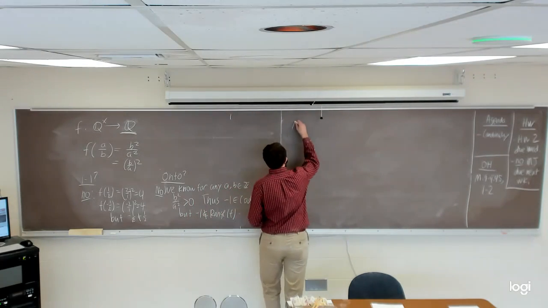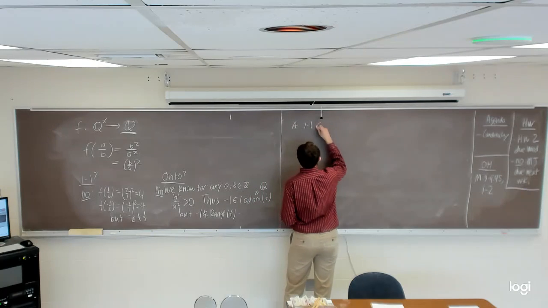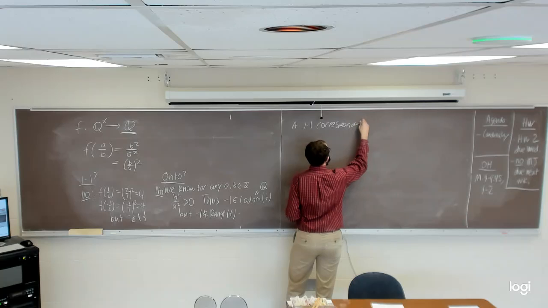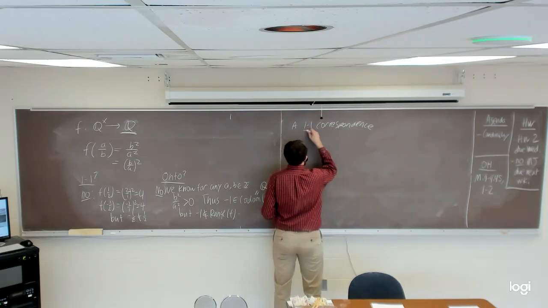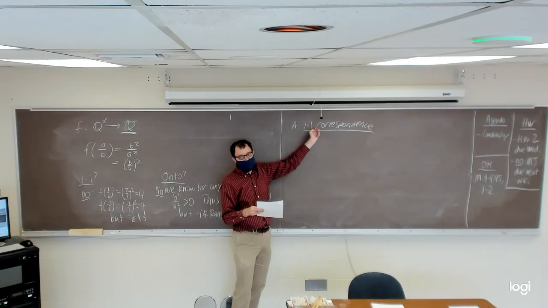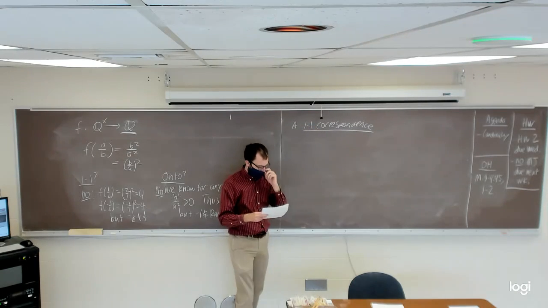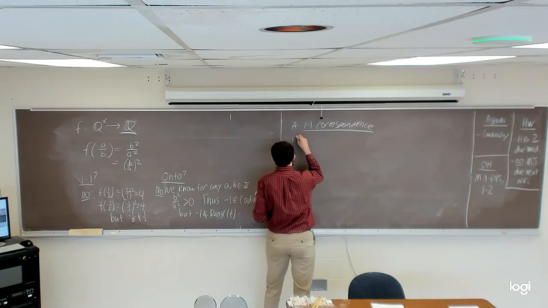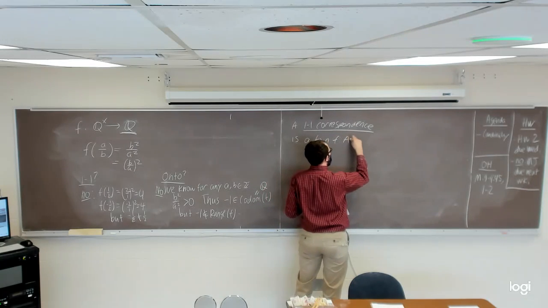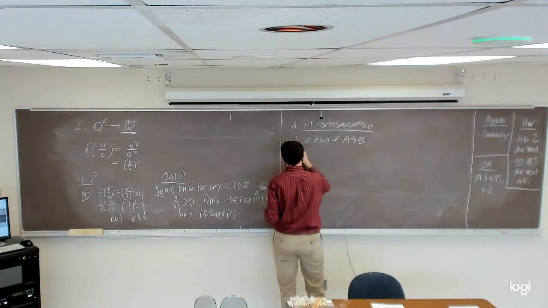I'm going to say that a one-to-one correspondence, and if you see me write this out, you're probably going to see me write 1-1 for one-to-one, is just a function that is both one-to-one and onto.